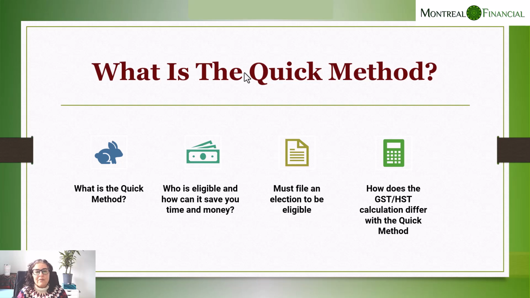Of course, if you have accounting software, this is not necessarily huge savings, but it's still something, and it removes the hassle of having to track the sales taxes that you pay on expenses. So in order to use the quick method, you have to complete and file an election. This is available on CRA's website.